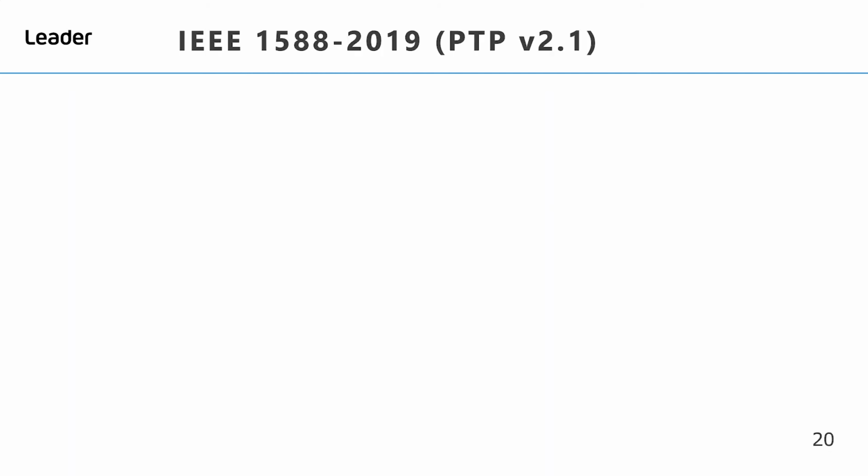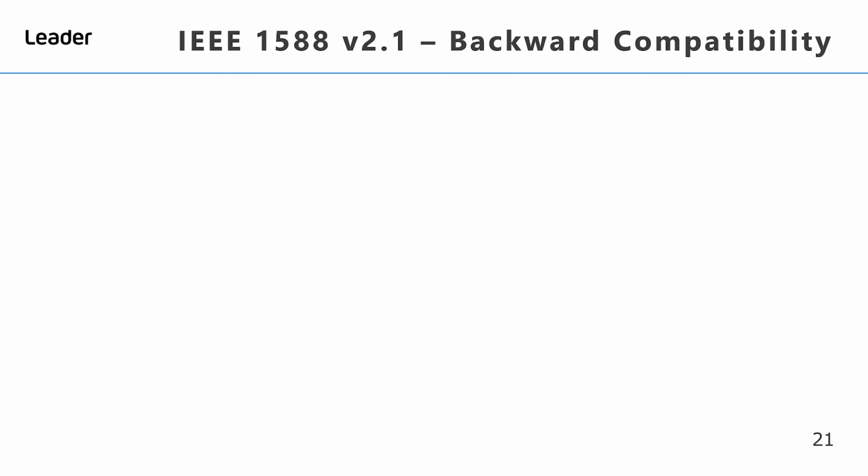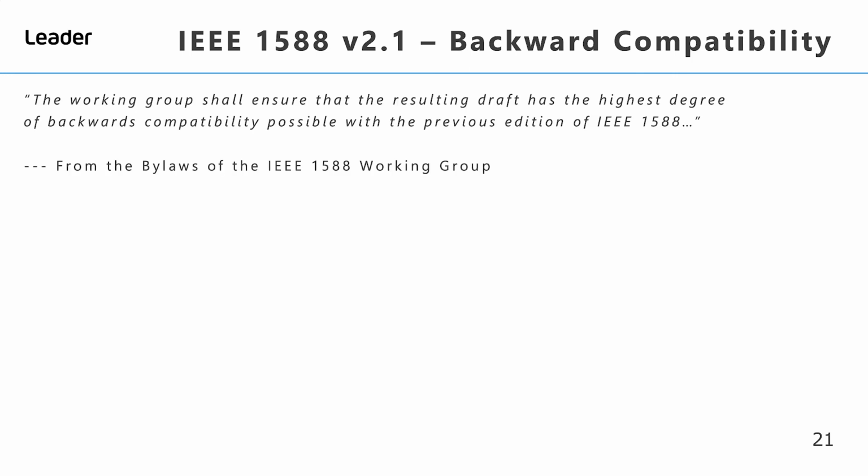So now let's take a look at IEEE 1588-2019, also known as PTP version 2.1. Backwards compatibility with previous standards is vital. The working group should ensure that the resulting draft has the highest degree of backwards compatibility possible with the previous editions of IEEE 1588.